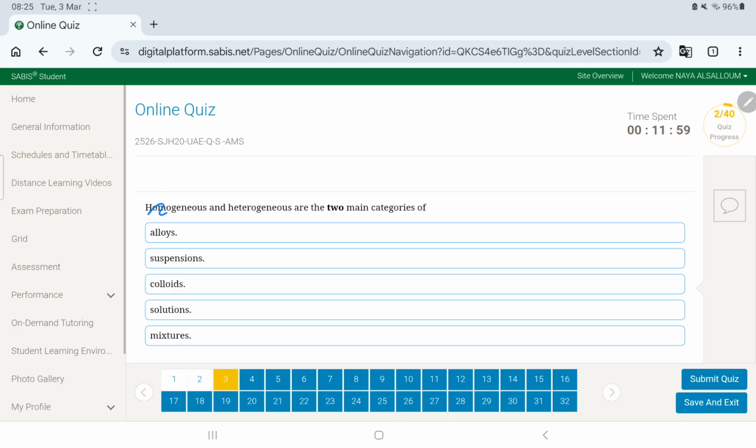Now guys, here, homogeneous and heterogeneous are the 2 main categories of mixtures, okay? Let me explain why the other options are wrong. Solution, now guys, a solution is a homogeneous mixture. Colloids, they're heterogeneous.